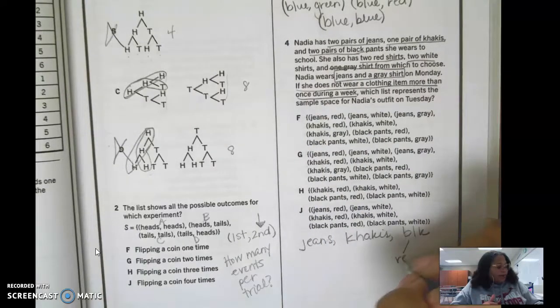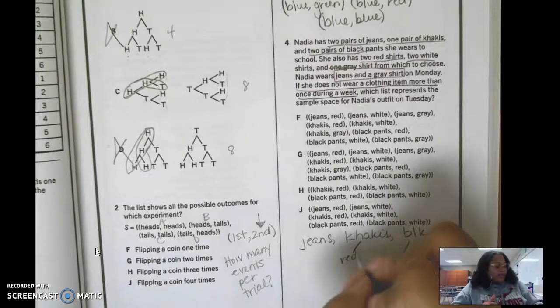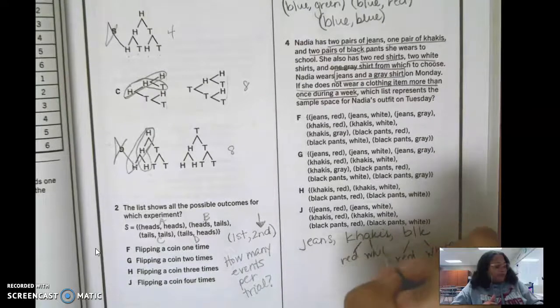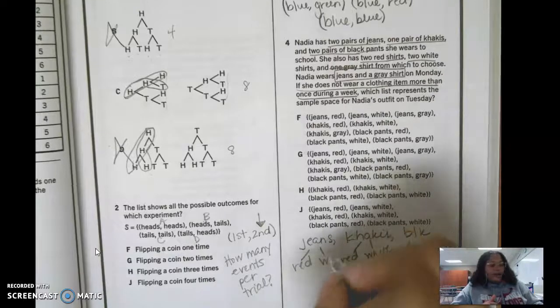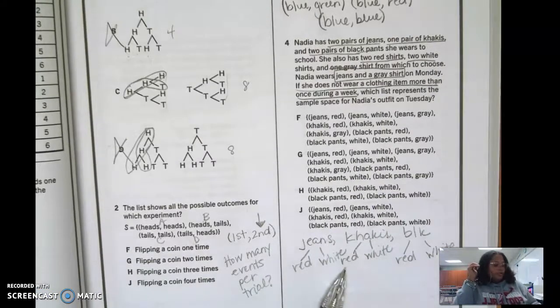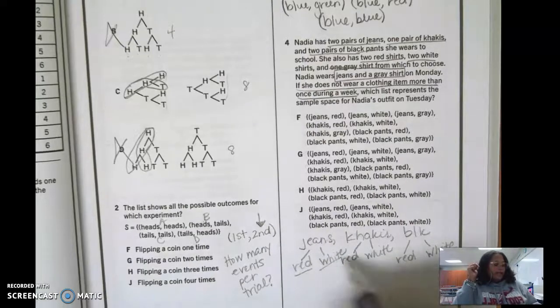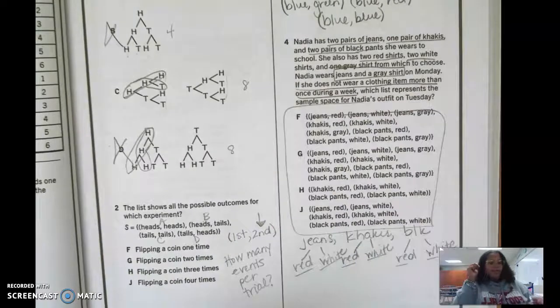I can have a red or a white shirt. Same with khaki, red or white. Same with jeans, red or white. All right, so that's white. You need to count all of your possible outcomes and then find an answer here that matches it.